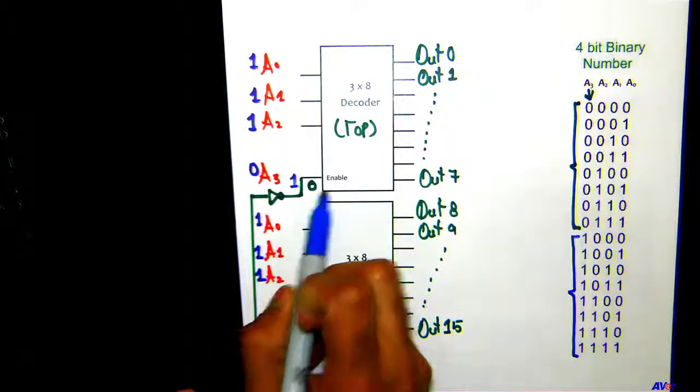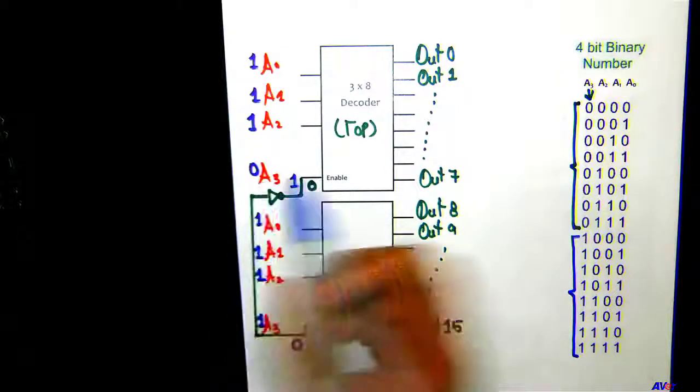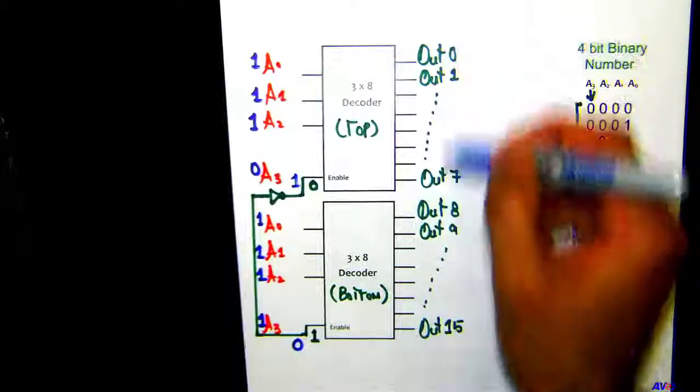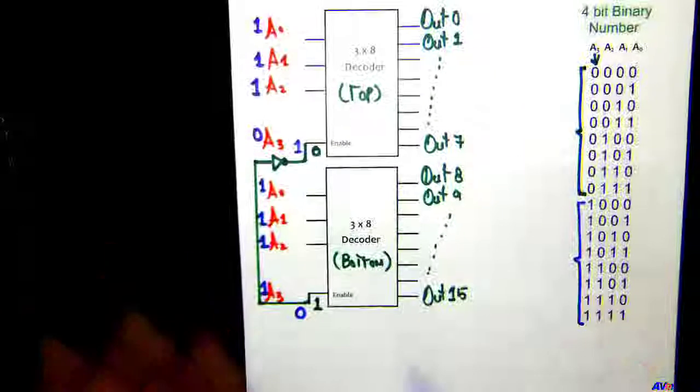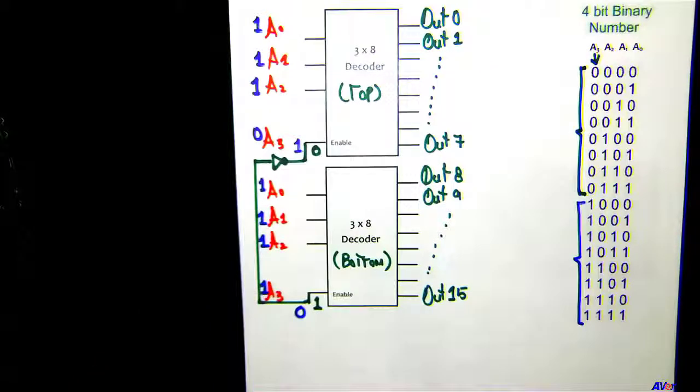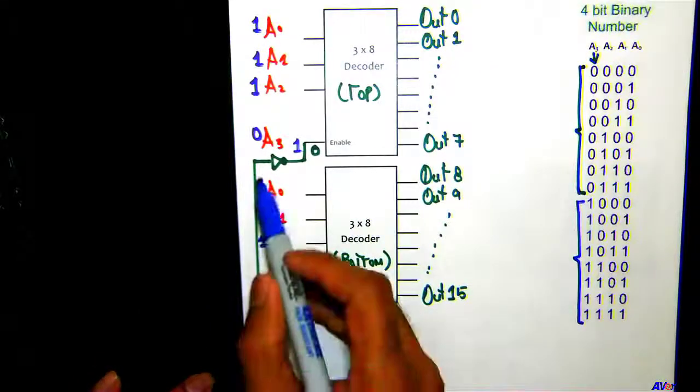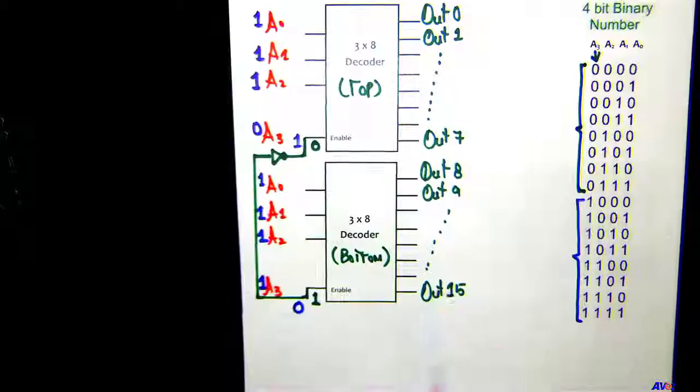If this enable bit is set to 0, that means this is not functioning, so all the bits are going to be 0, basically. Here enable is 1, and A0, A1, A2 are all set to high. What would be the output here? Yes. Output 15 is going to be high, right?